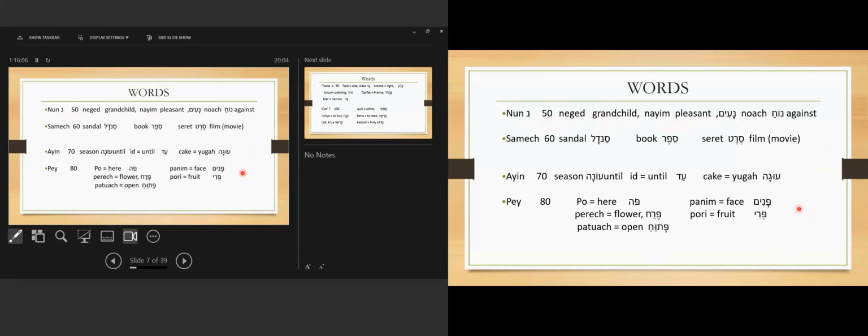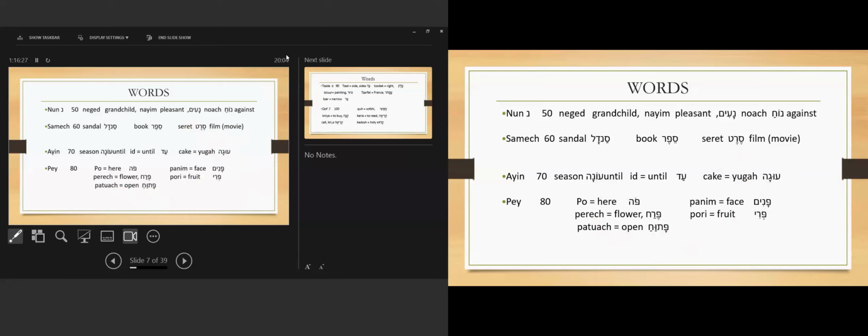And lechem is bread. I buy lechem to make sandwiches for my lunch. Bread, lechem. It's l, e, those are the 3 dots. Het, 3 dots.